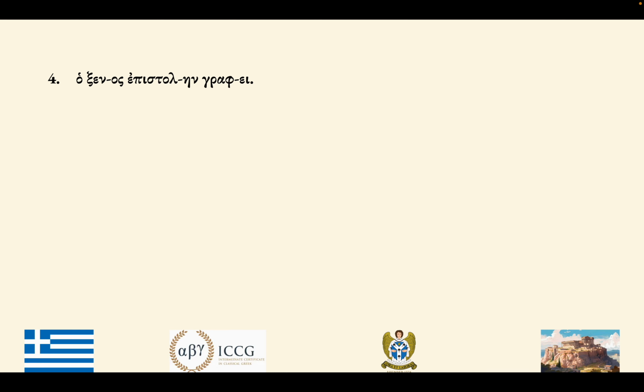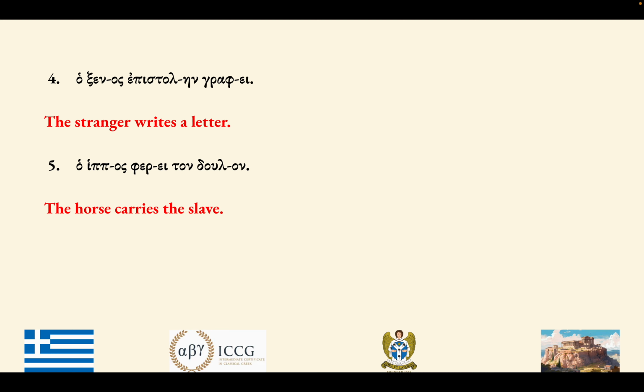And then the object is epistolen, a letter. Now we can't say the letter here, because in Greek that would require another word, the definite article, ten epistolen. If we have epistolen on its own, it just means a letter. Number 5, ho hippos, the horse. Fere, carries. Ton doulon, the slave.